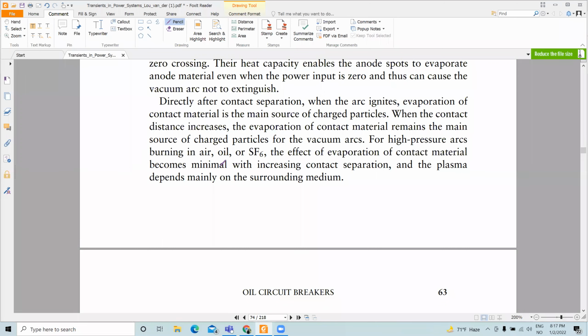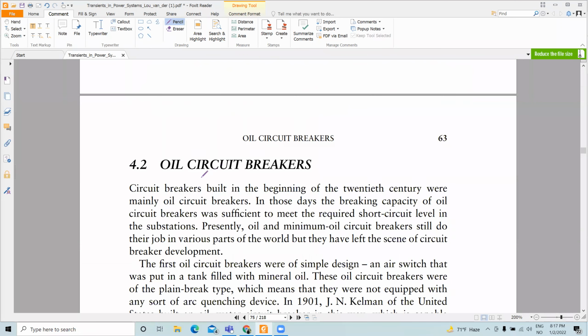In a high voltage system, you need to have a different material than air, or different mechanisms need to be there to interrupt the current, because the interruption will be more difficult as the voltage is higher as well as the current is high. So there are many different techniques.